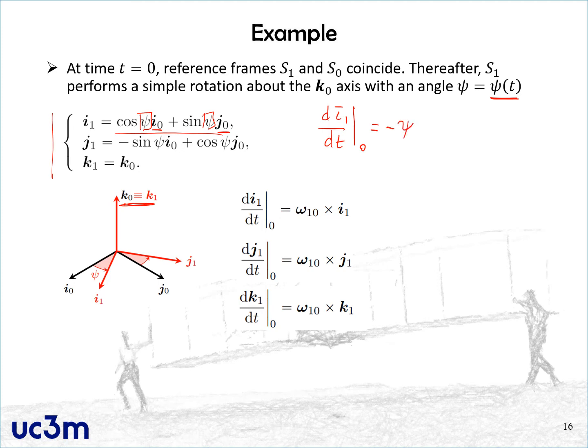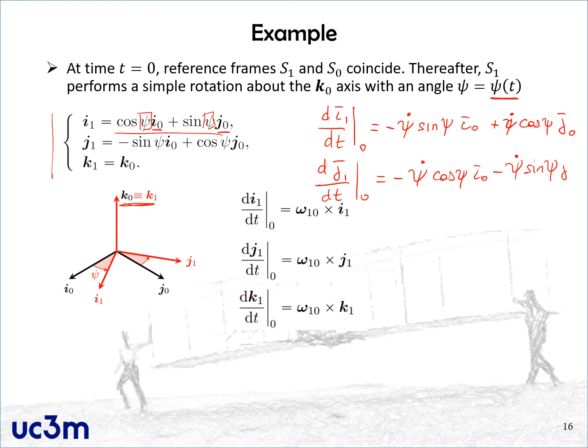So we have minus psi dot sine psi I0 plus psi dot cosine psi J0, okay? Similarly for J1, you have this, okay? So minus psi dot cosine psi I0 minus psi dot sine psi J0. That's just taking derivatives there.